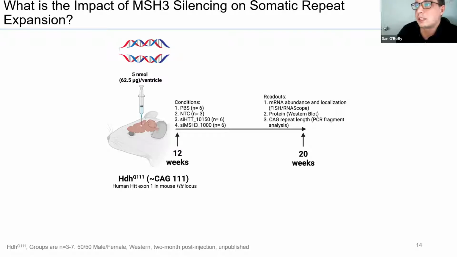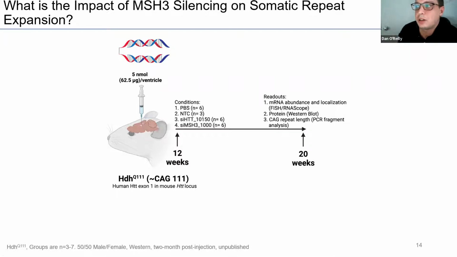What we did was a 5 nanomole per ventricle injection of PBS, NTC, and siMSH3 1000, which is the one targeting MSH3. We also injected siHTT, which has been shown to silence Huntingtin but effectively acts as a secondary non-targeting control because it doesn't block expansion.